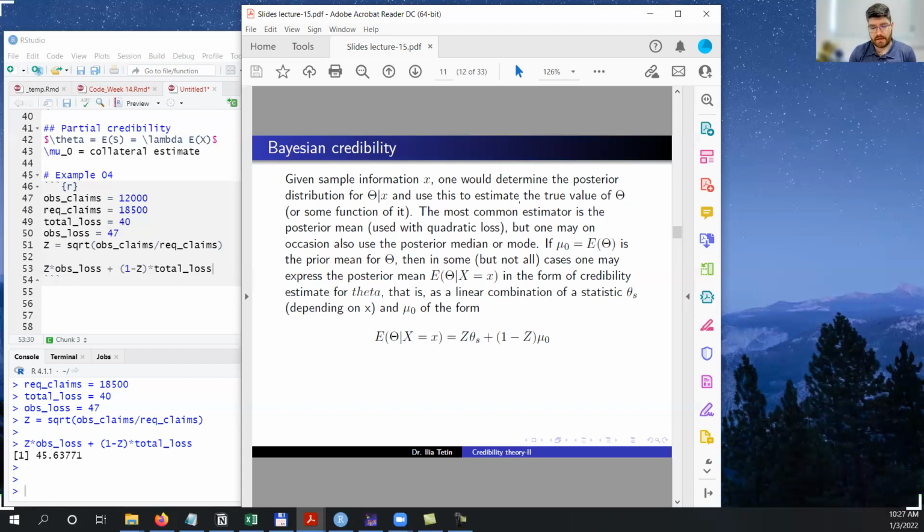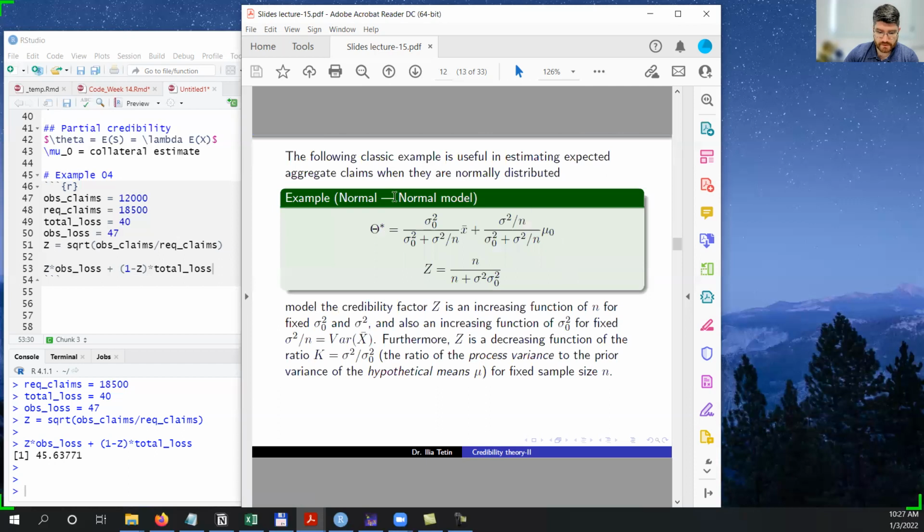The classic example, I mean, the normal model of this Bayesian credibility. The thing which we ended with, I think, like lecture 13, week 13. The normal model, I have just placed the formulas, but we haven't dealt with the actual example. So the formulas are the same as in lecture 13.